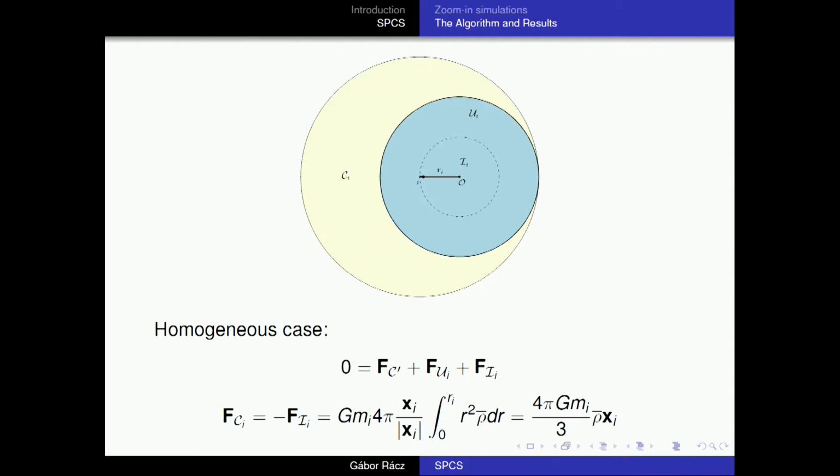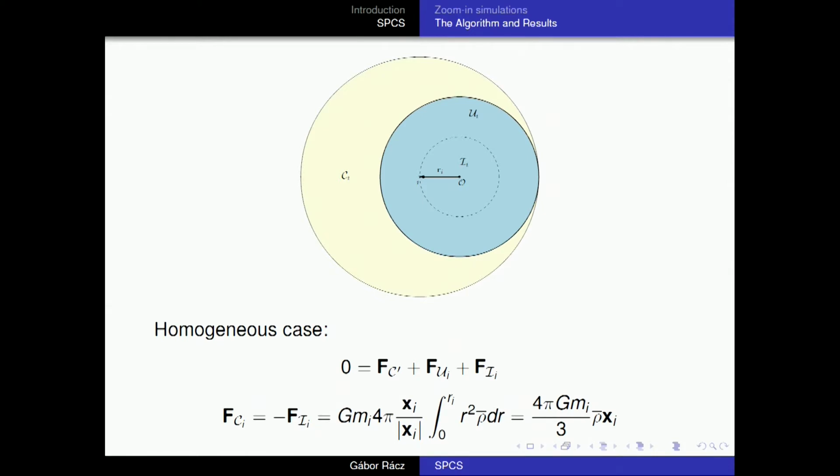So we have this part, C, and this part, I. Because the particles feel zero force, Fc is equal to minus Fi in this case, and we can calculate the force easily from what comes from here.